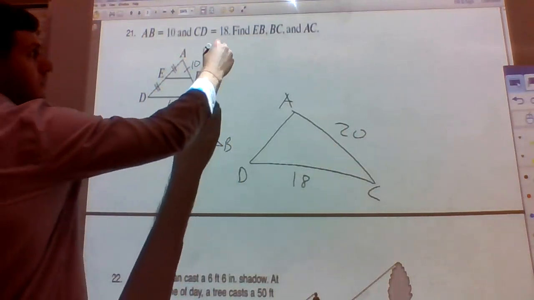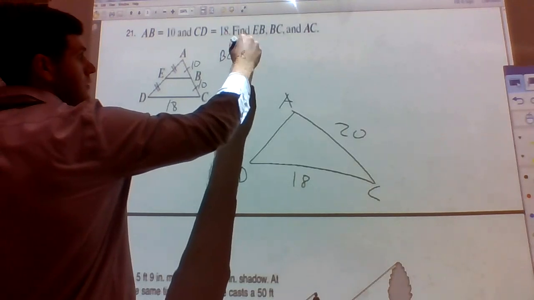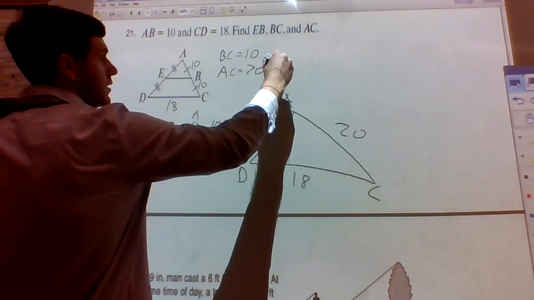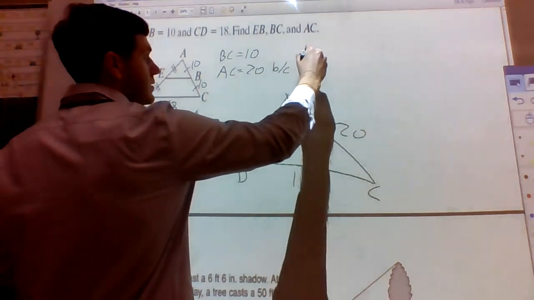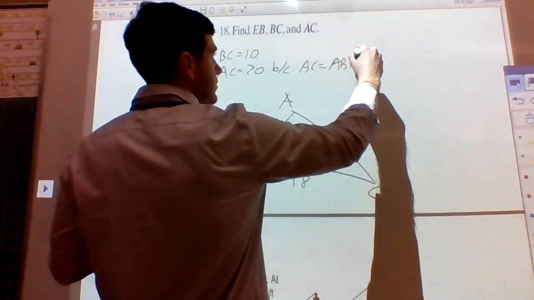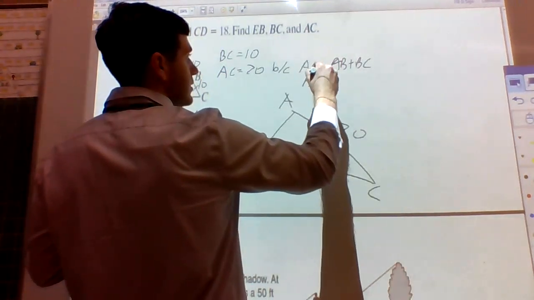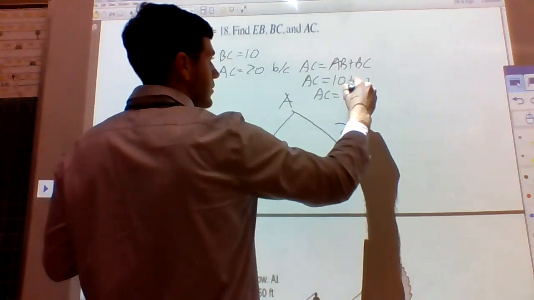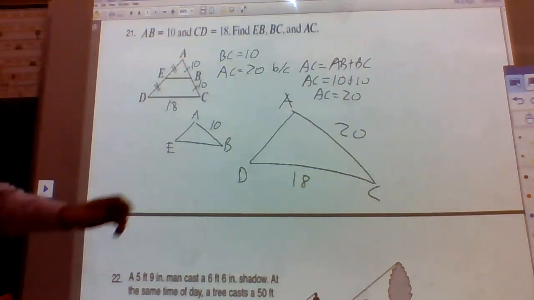So we know BC is 10. We know AC then is 20 because AC equals AB plus BC, right? AC equals 10 plus 10, so it equals 20.